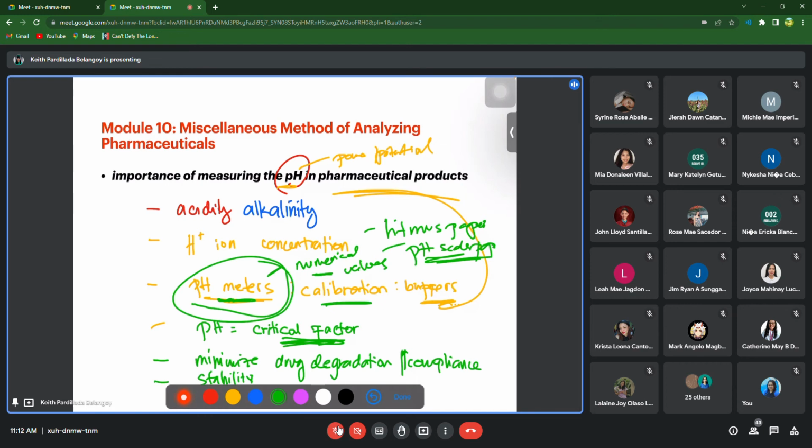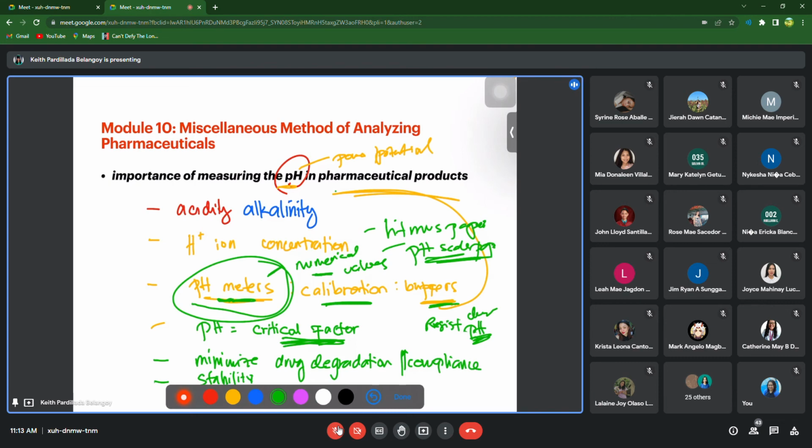And I also asked, what is the connection of your buffers to your pH, to your pharmaceutical products? As mentioned, buffers resist change in pH. So an adequate amount of buffer should be present in your pharmaceutical products. When you do your internship, especially in hospitals, you will find that dextrose or other solutions, vials, have buffers written on them. Even sterile products, eye drops or ear drops, you will find buffers in the ingredients.